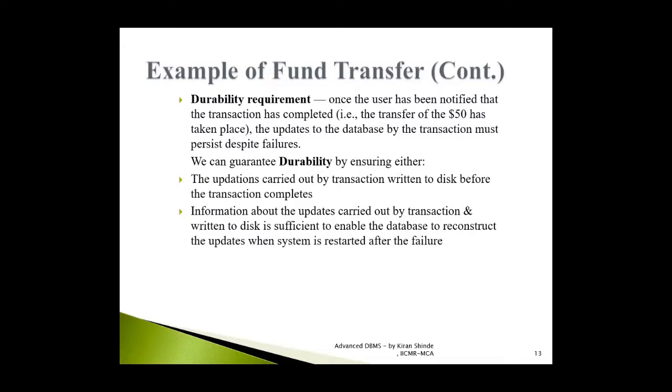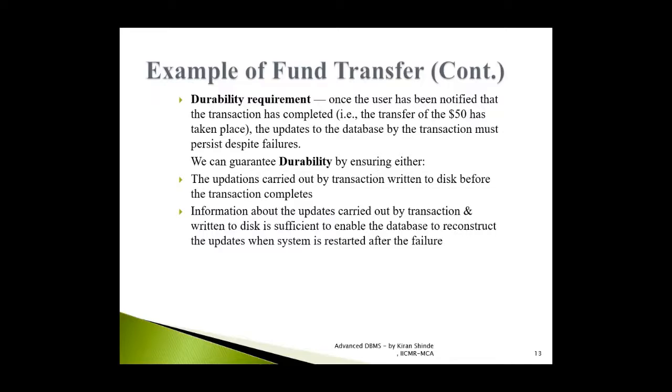We can guarantee durability by ensuring, number 1, that updates carried out by the transaction are written to disk before the transaction completes. Means what? Whatever secondary storage you have taken into consideration to preserve the value of that transaction after its execution, the updates carried out by the transaction should be written to disk.